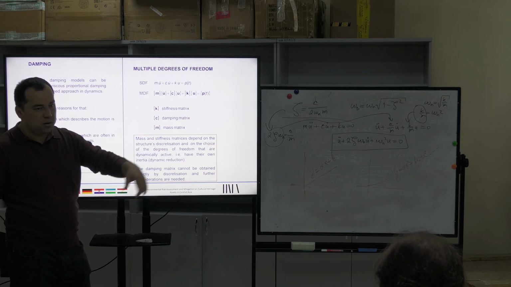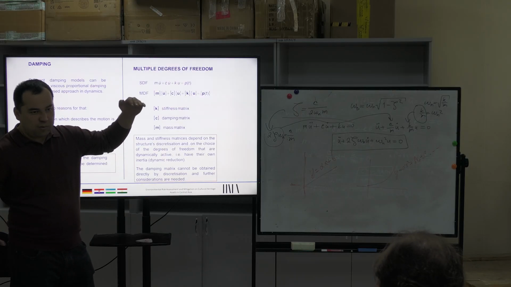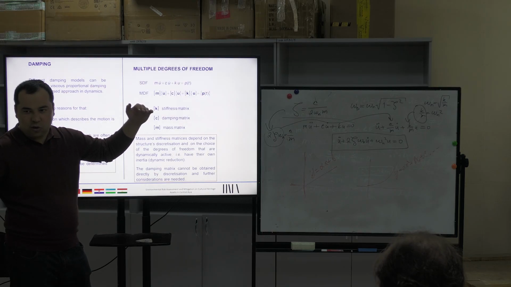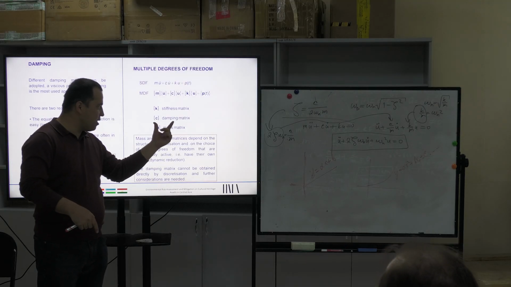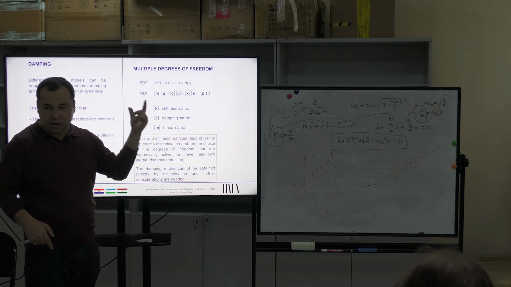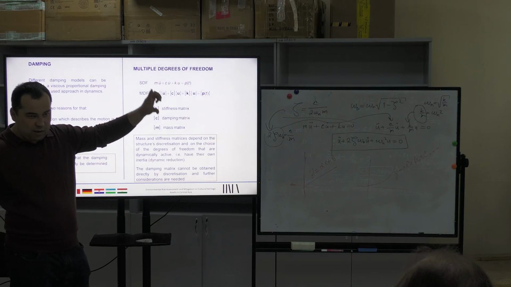If you have 3 floors, you have a 3 by 3 matrix. If you have 4 floors, you have a 4 by 4 matrix. If you have a 12-floor building, please imagine you have a 12 by 12 matrix. Everywhere, mass, damping, stiffness, everything is 12 by 12. You have to identify the system from this very big matrix.